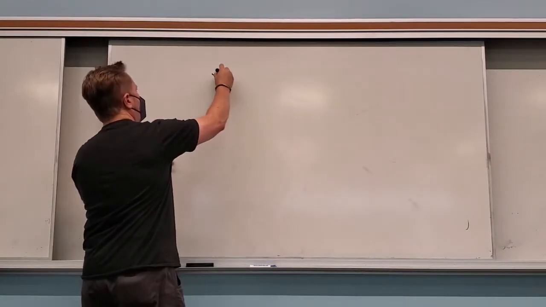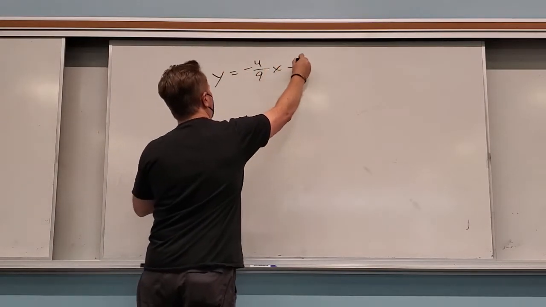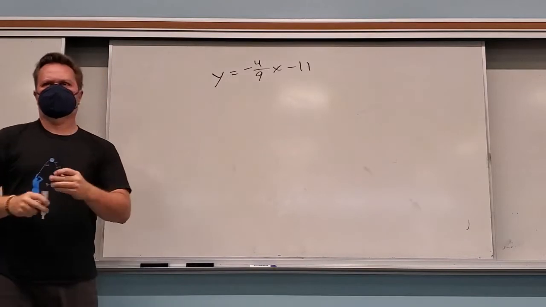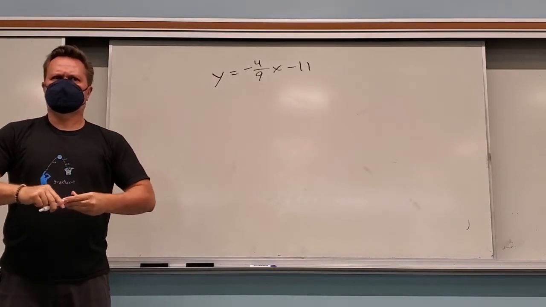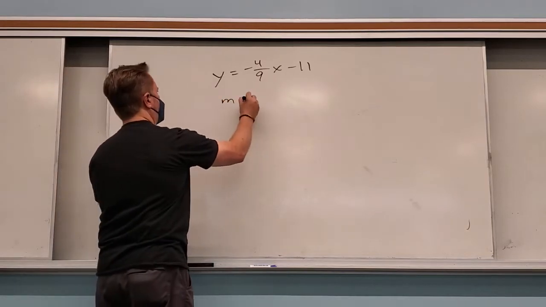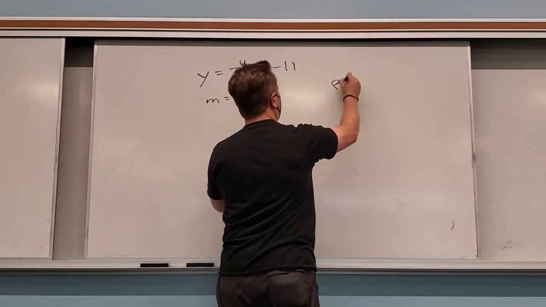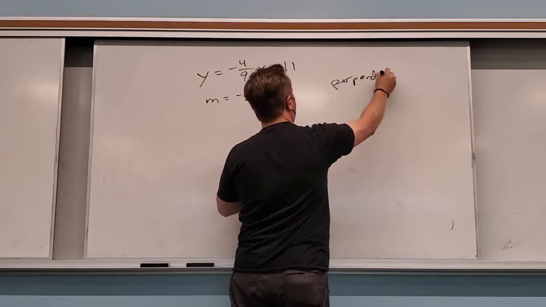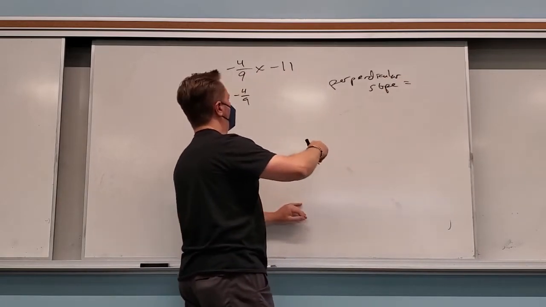So real quick, if I gave you this line, what's its slope? So again, -4/9. So what would the perpendicular slope be? 9/4.